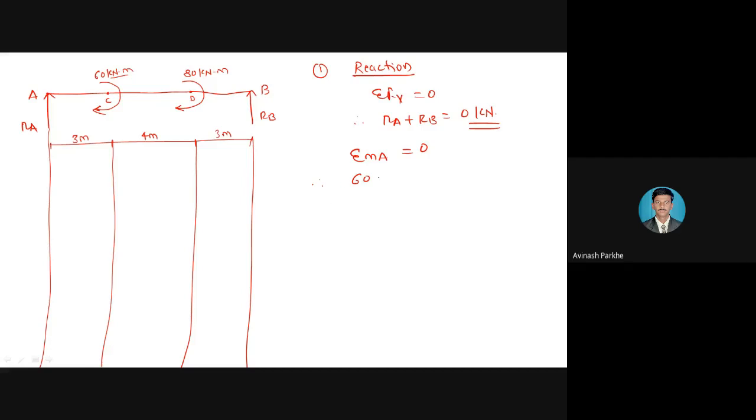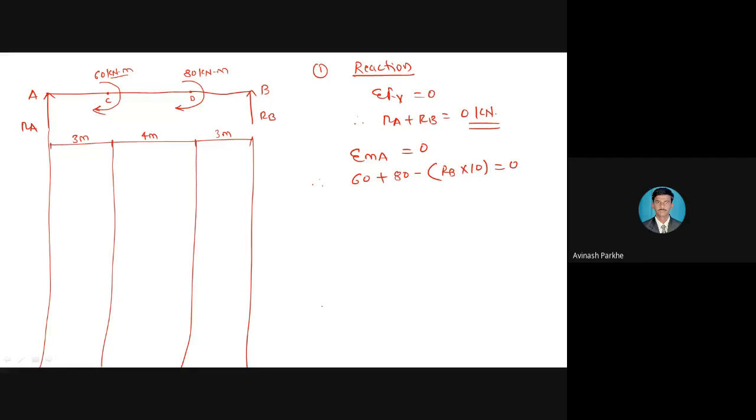Therefore plus 60, plus the second couple 80, minus RB into 10 is equal to 0.